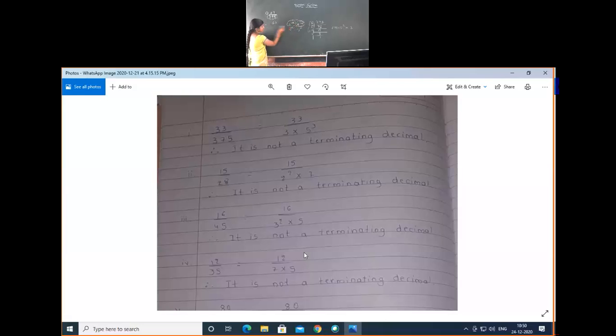Now, the prime factorization is 5 cube into 3. This is not in the form of 2 raised to m into 5 raised to n. Therefore, 33 divided by 375 is not a terminating decimal expansion. So, it is not terminating, right? Not a terminating decimal expansion.